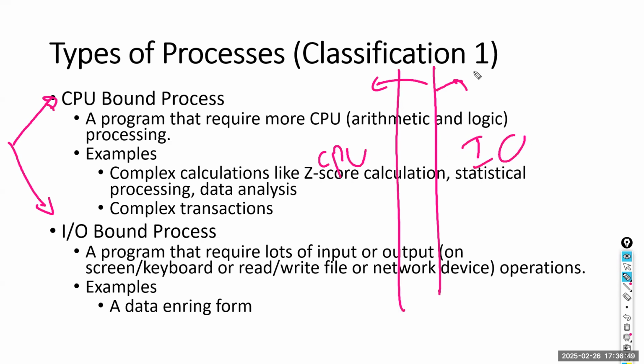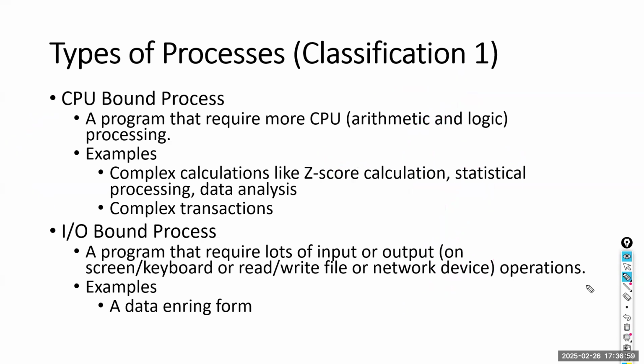There can be some gray areas as well. Some processes can be somewhat CPU and IO and so on. But in general, CPU bound means that the process needs a lot of processor attention. It's a processing intensive thing. A lot of calculations and so on. Then we call it a CPU bound process.